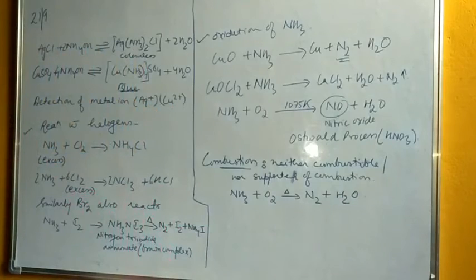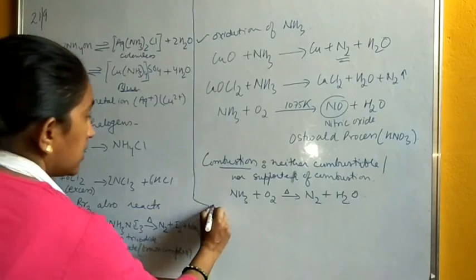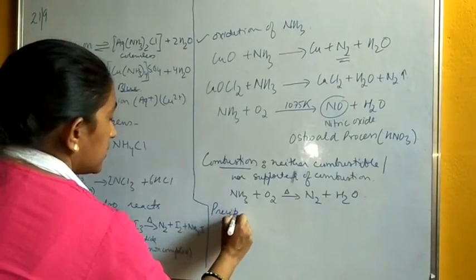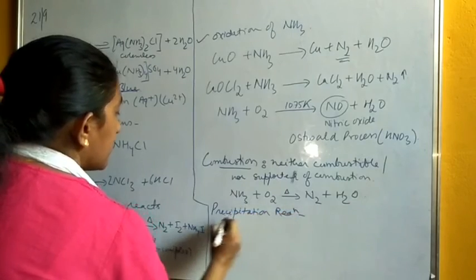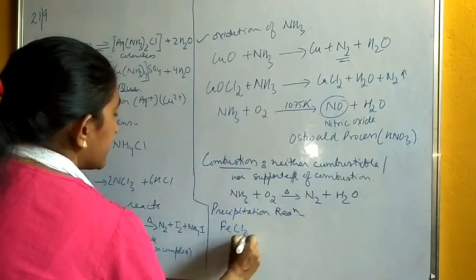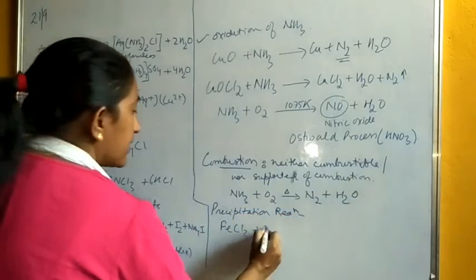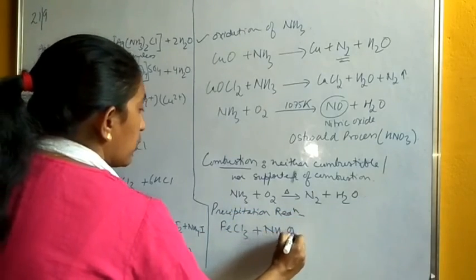So along with these, we have the precipitation reactions of ammonia with the heavy metals. For example, let the heavy metal be FeCl3, but it will not be directly ammonia, it is liquid ammonia, that is NH4OH.